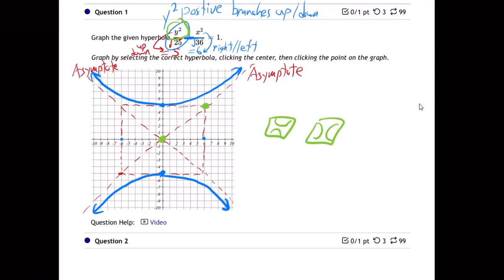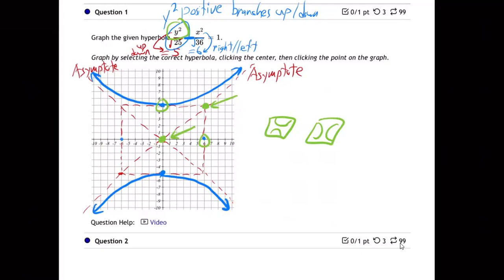And then when you choose the right tool, the way to do the tool is you first click on the center, which is going to be right at the origin, 0, 0. And then you click on any corner, upper right, upper left, lower right, lower left. Click on one of the corners of the box. See, my box is over 6, up 5. So I click on the point over 6, up 5, and that makes the hyperbola graph from there.